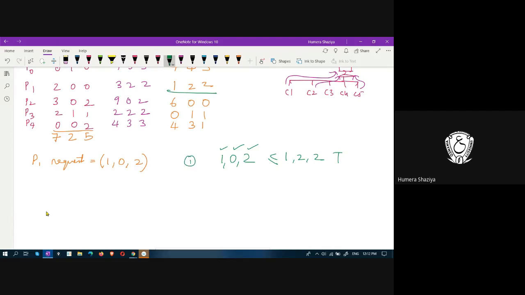This is the first step. In the second step, you check whether the request is less than or equal to available or not. What is the request? 1, 0, 2. What is available?